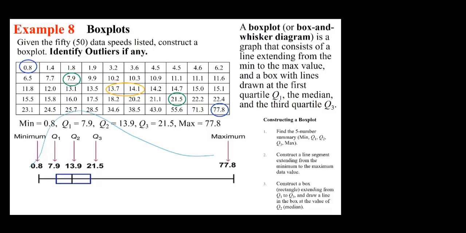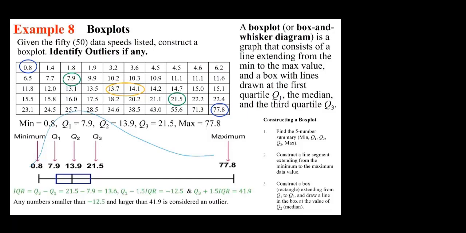Outliers. Do we have any? Here's the process. We have to find the IQR. IQR by definition is Q sub 3 minus Q sub 1. So we calculate that. Now, anything less than Q sub 1 minus 1.5 IQR, anything smaller than that, or anything larger than Q sub 3 plus 1.5 IQR, they are outliers.